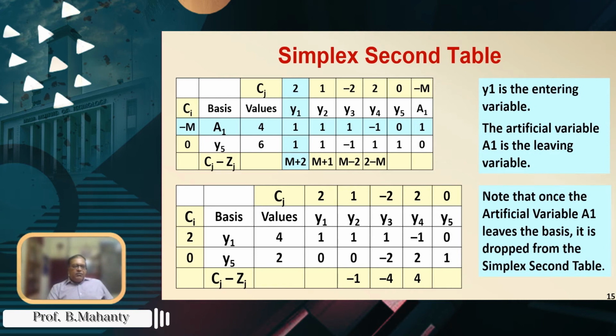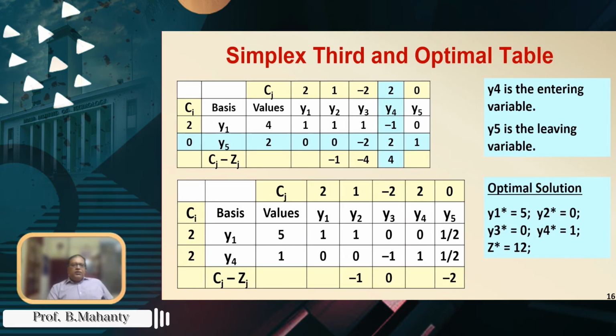And between them, which variable is going to be the bottleneck? Let us see in the next table. So this is our simplex third table. That is the second table. In the second table, once again, if y4 comes into the basis, which variable should leave? Because you see this is minus 1.